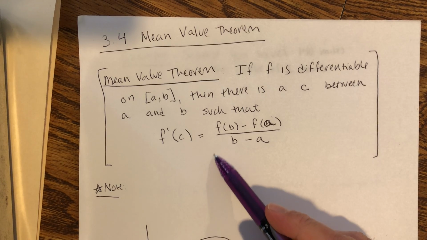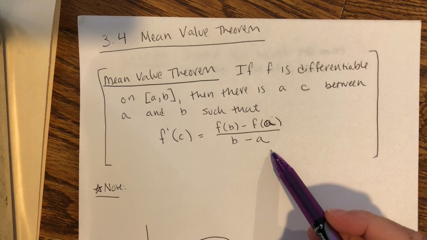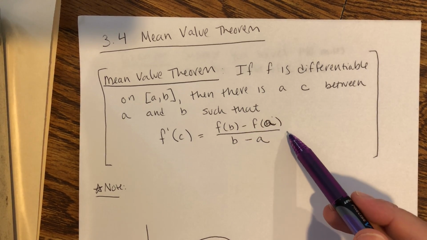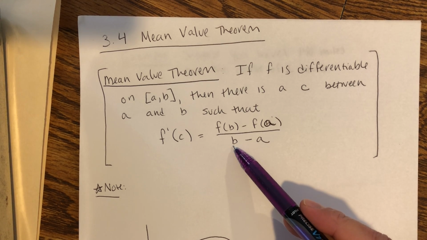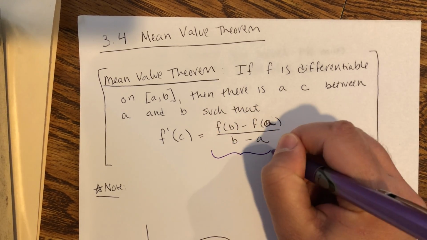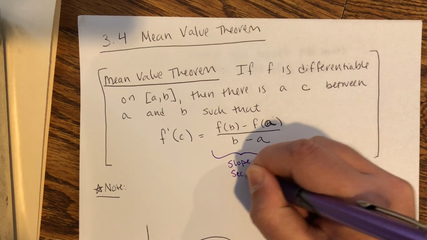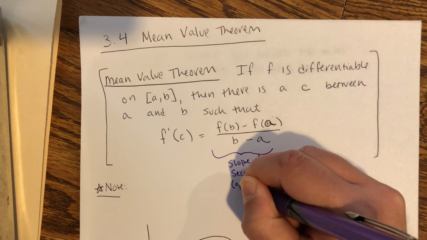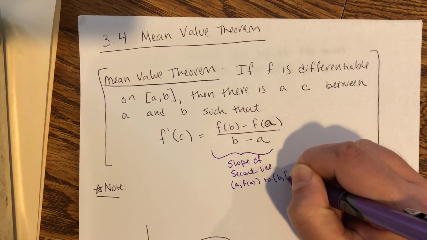First of all, let's look at this quotient here on the right-hand side of the equation. F of b minus f of a over b minus a should look familiar. This is the slope formula. So this is the slope of the secant line connecting the points on the curve when x is equal to a and when x is equal to b. So this is the slope of the secant line connecting the point a, f of a, to the point b, f of b.